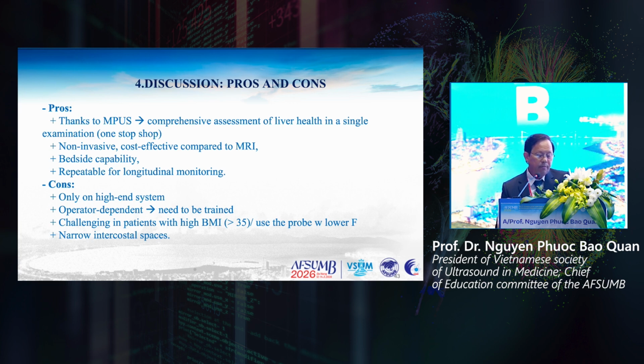The techniques are non-invasive and cost-effective compared to MRI or CT. We can carry out multi-parametric ultrasound at the bedside of the patient, and we can repeat it many times when we intend to monitor the patient.